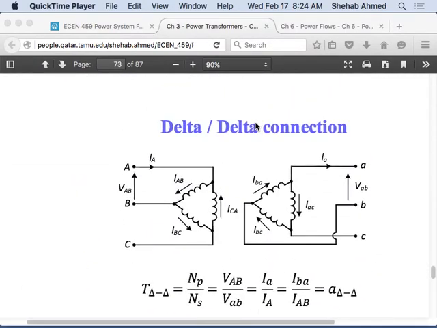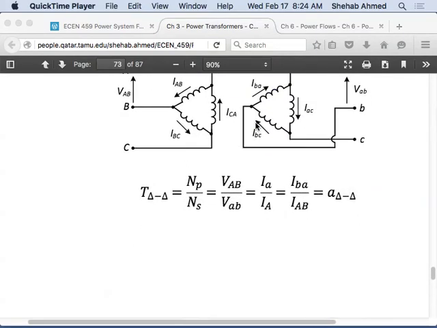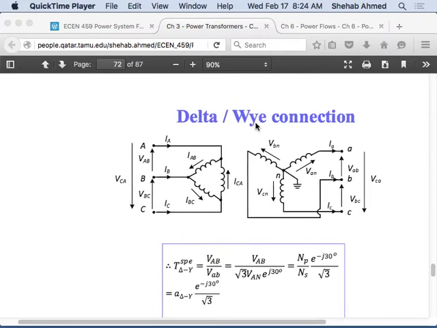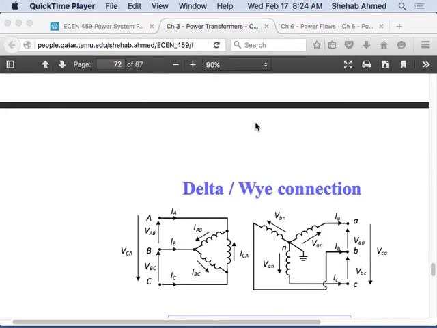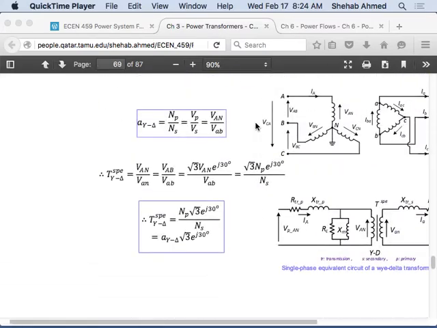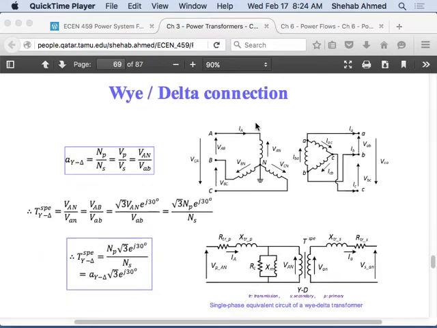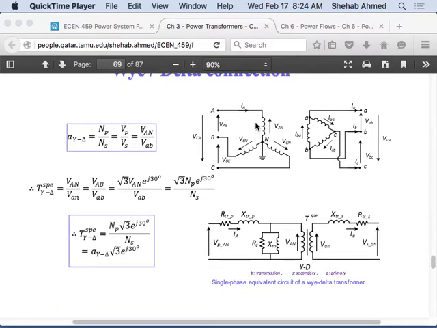Let's go back. If we go back, we see that for us to figure out the turns ratio of a star delta or a delta star transformer, the turns ratio is what is defining the relationship between the phase voltage on the star and the line voltage on the delta.